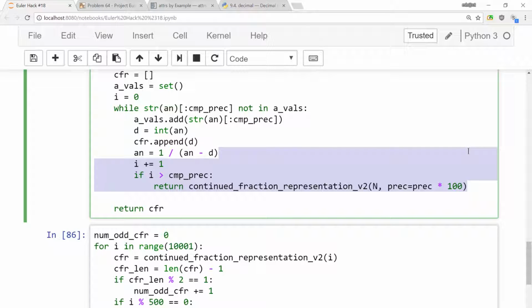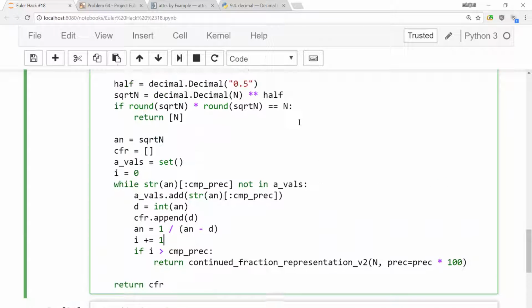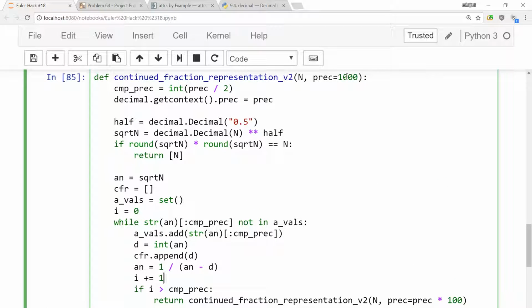Well, then we may have an infinite loop. How did we used to return the stuff?